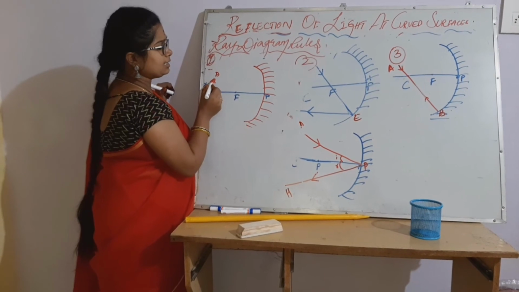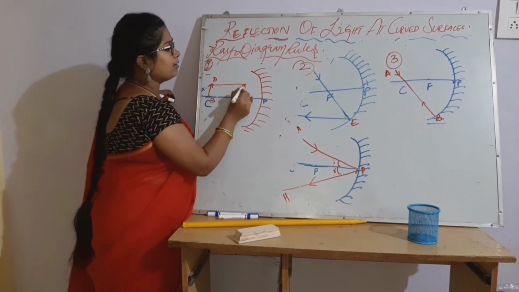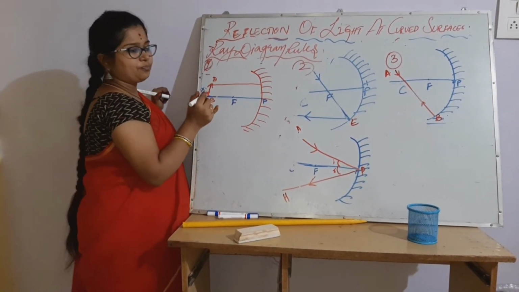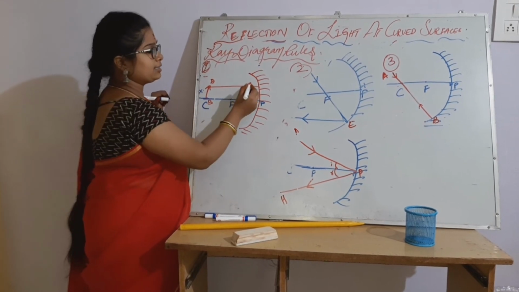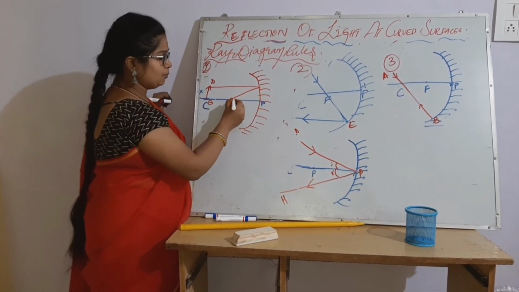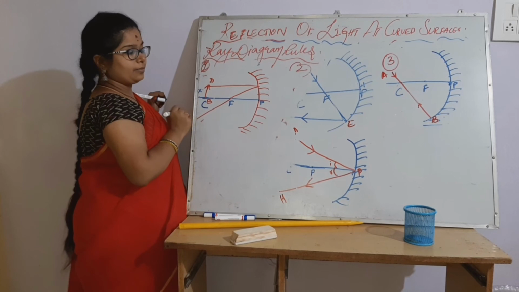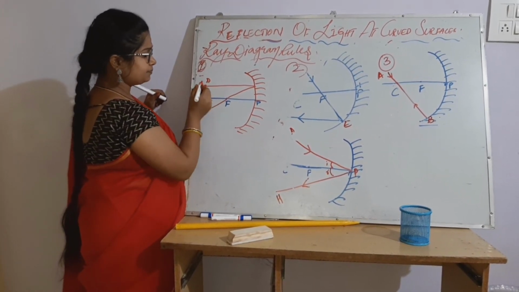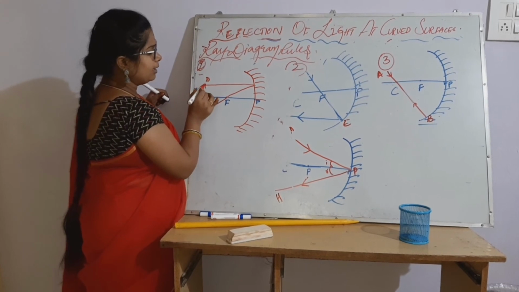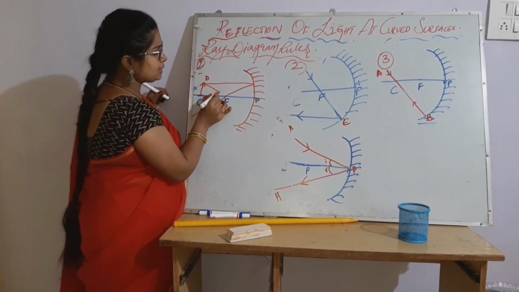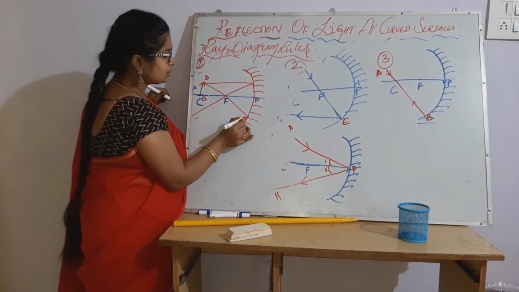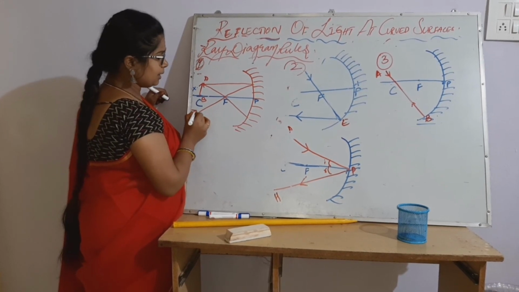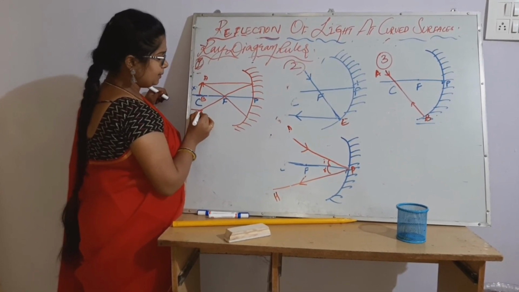When a ray is incident on the mirror parallel to the principal axis, it passes through the focus. And another one: when a ray passes through the focus, it travels parallel to the principal axis.